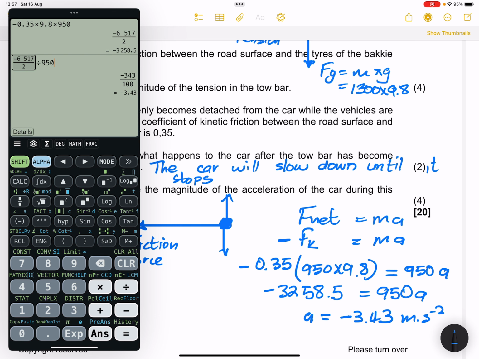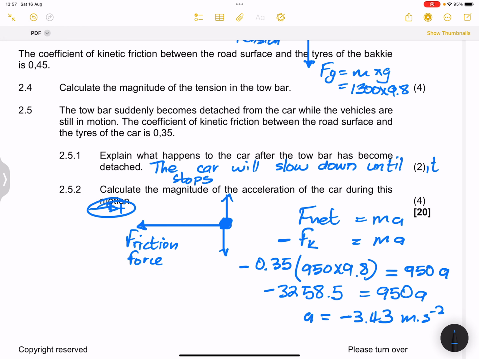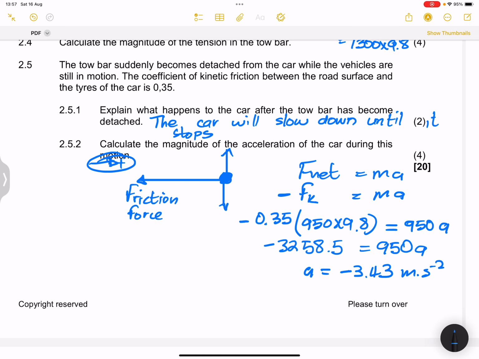Now, why would I get negative acceleration? Because it's telling me that I'm accelerating at 3.43 meters per second squared in the opposite direction. It means the car is slowing down.